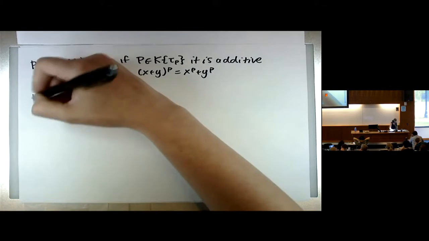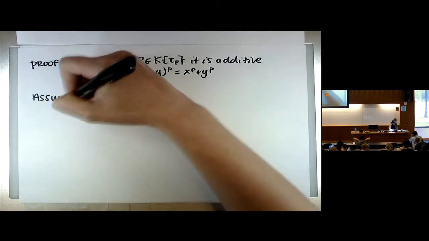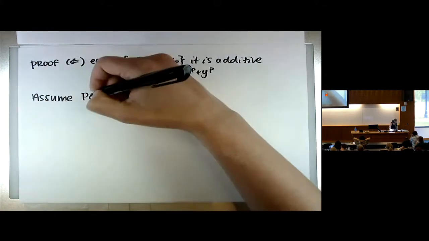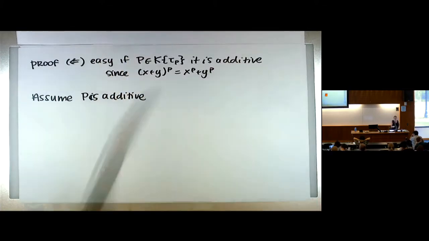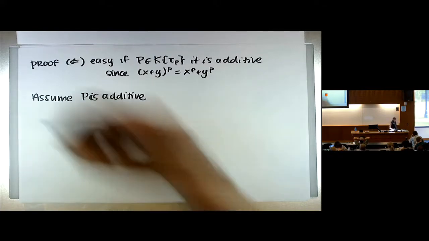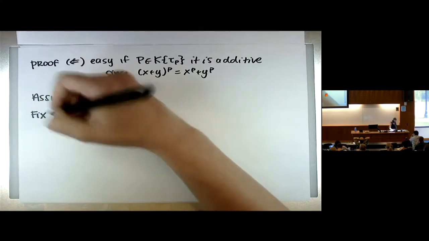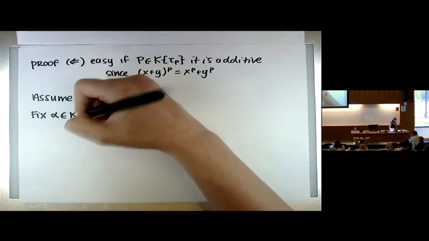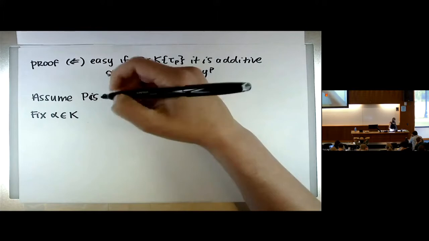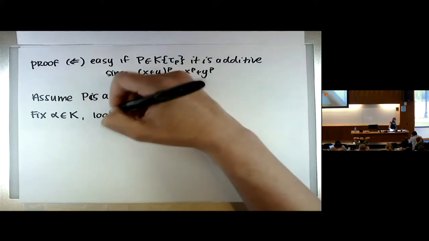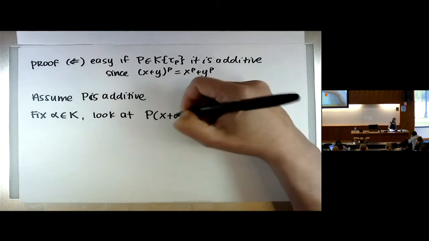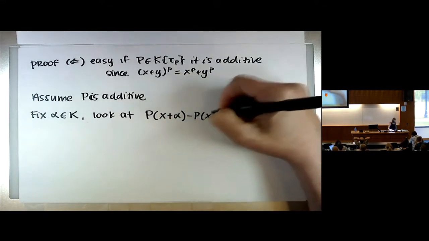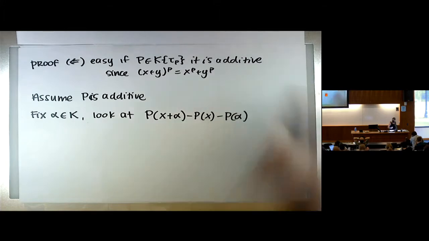The problem is that this is the only way to get that. So assume P is additive. And now I want to show that it has only these kinds of monomials in its expression. So I'm going to fix some alpha in my field, and I'm going to look at the polynomial P(x + alpha) minus P(x) minus P(alpha).